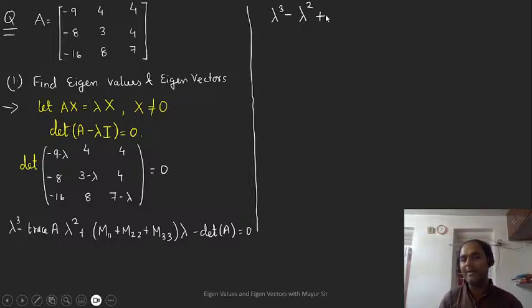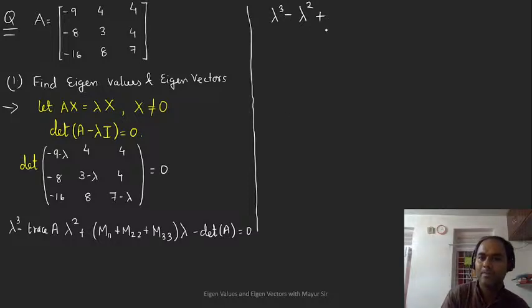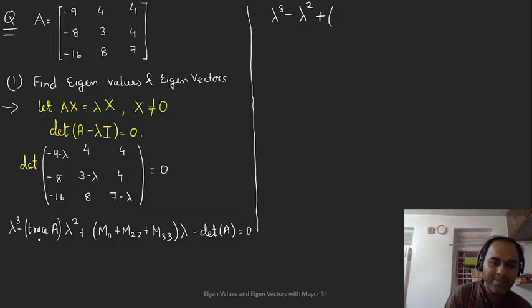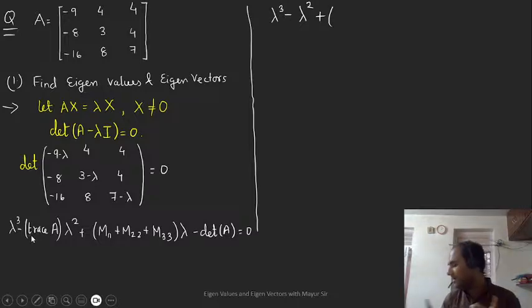You have to remember there is a minus sign; sometimes the trace comes negative, then be careful, since minus minus will make it plus. But here it is positive 1.